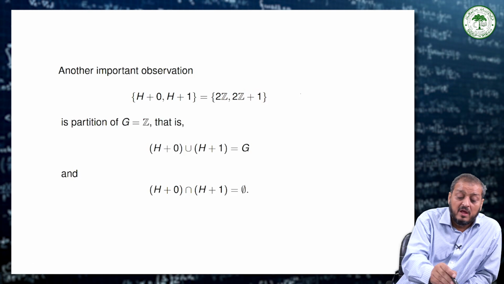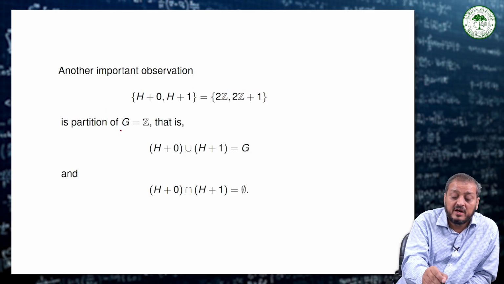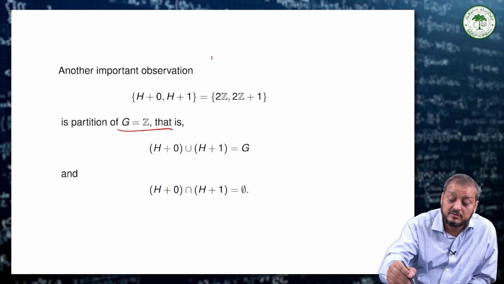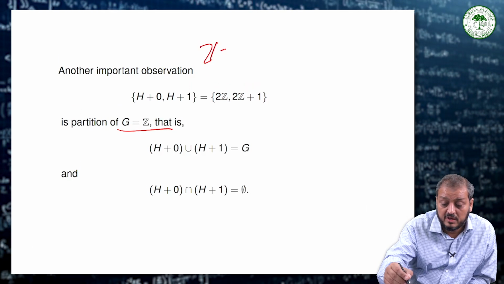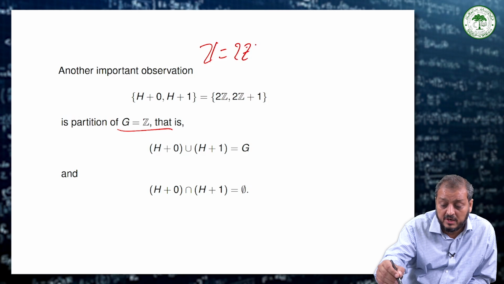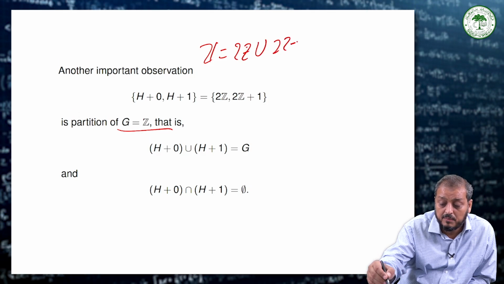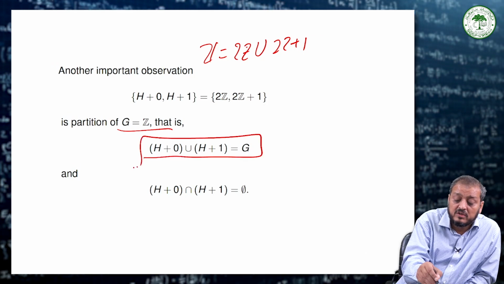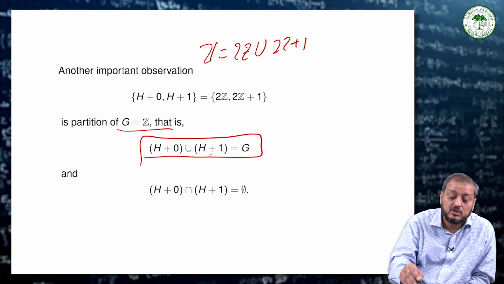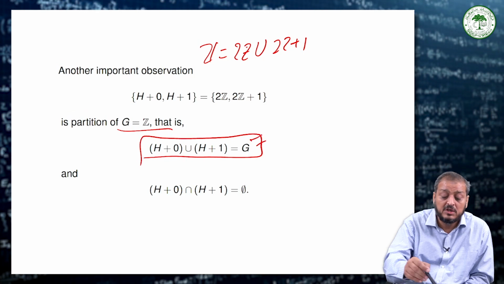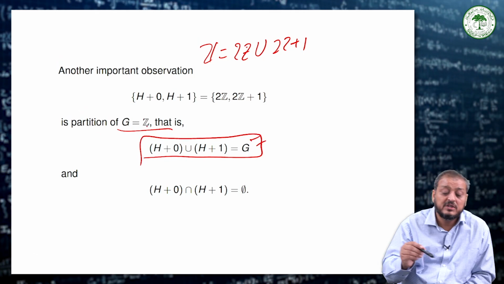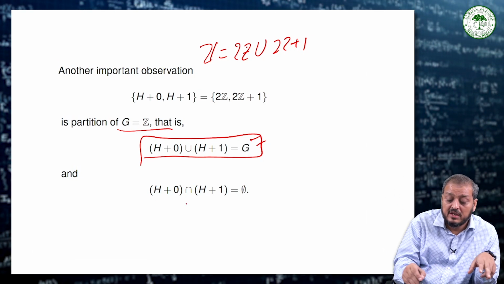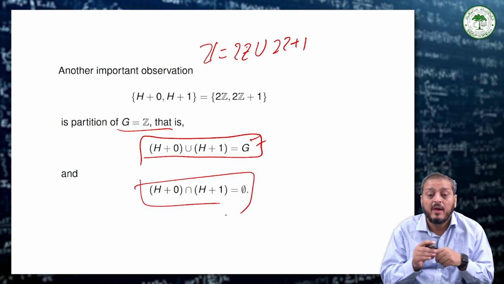So that means our group Z can be partitioned: Z is 2Z union 2Z plus 1, so the union of H plus 0 and H plus 1 is equal to G. So G is partitioned into these cosets, and the intersection of these two is empty.